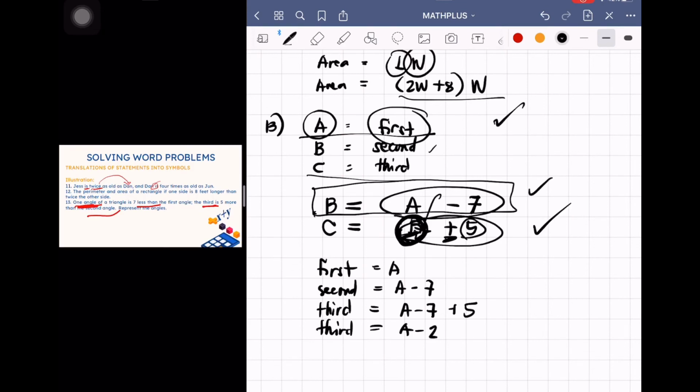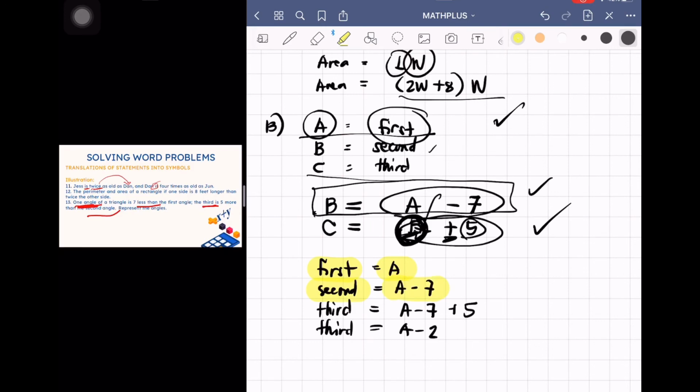Okay, you have several variables in your representation. You used A and B. Pero to make it easier, dapat lahat ng representations, isang symbol lang yung ginagamit. Like for example, the first angle uses A as a representation. The second angle is represented in terms of A, an expression that contains A as a variable.